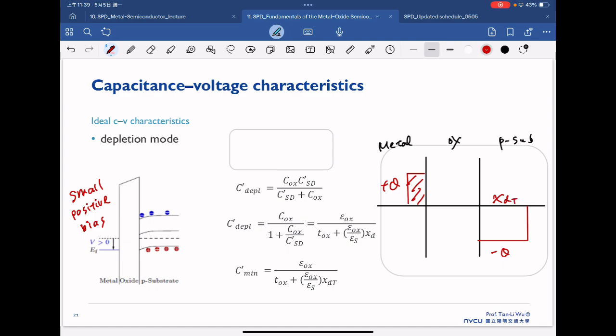And now we also apply the AC signal, and therefore there is an additional dq plane, and this dq plane is reflected at the end of our space charge region, which is this part.